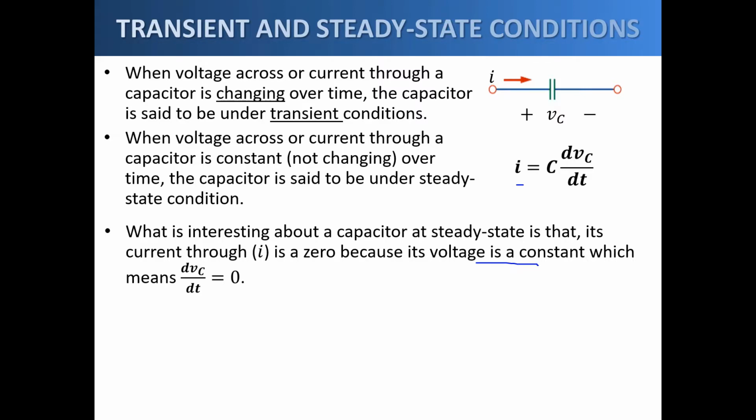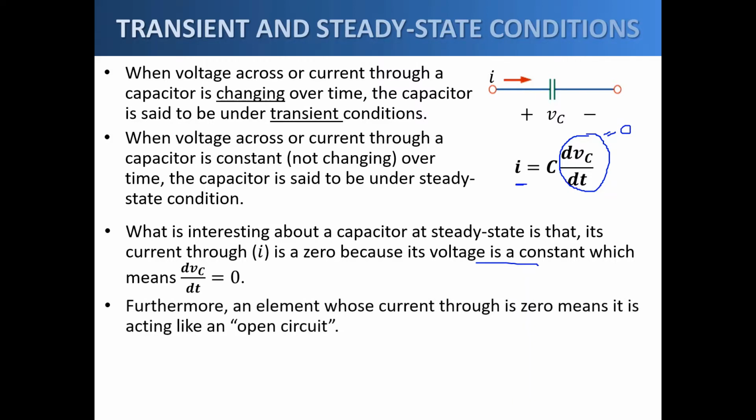If the voltage is constant and I take the derivative of that voltage, that gives me zero, which makes the current zero. If the current through the element is zero, that element is like an open circuit.